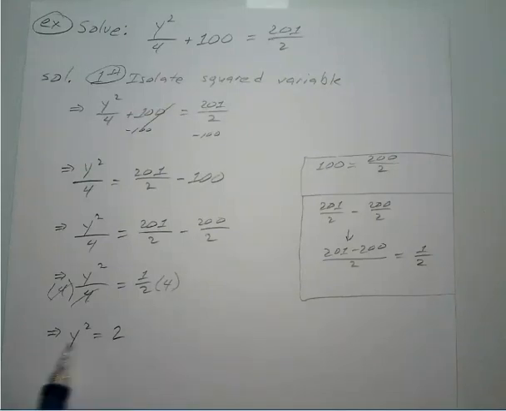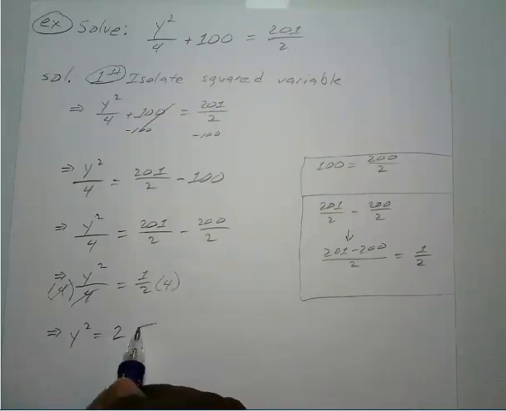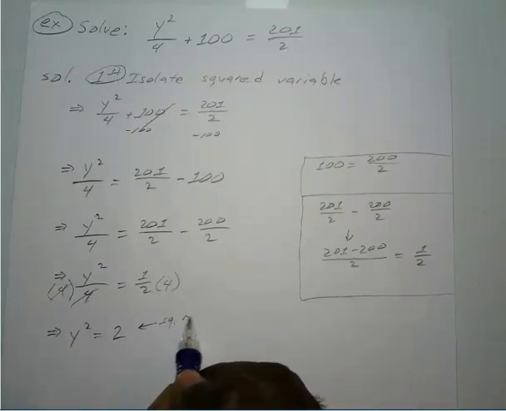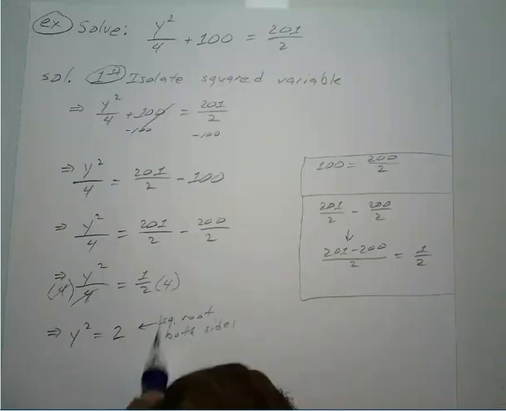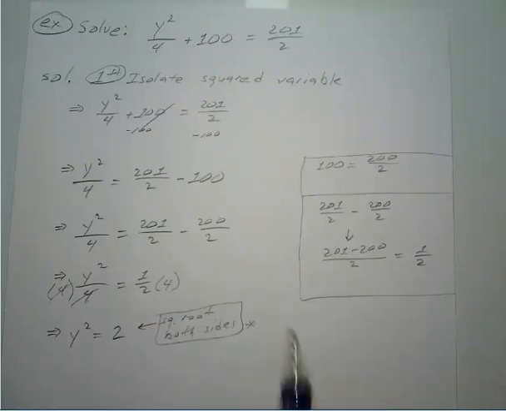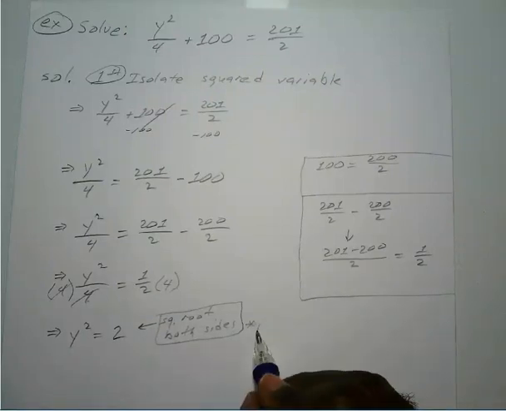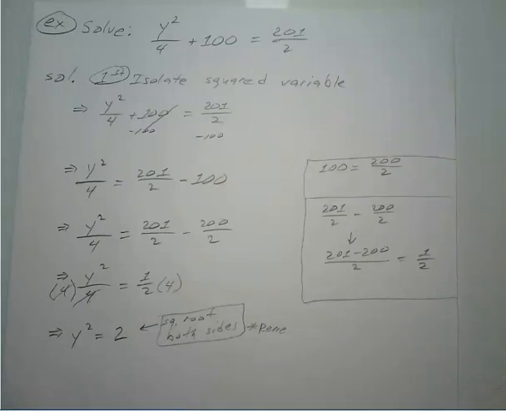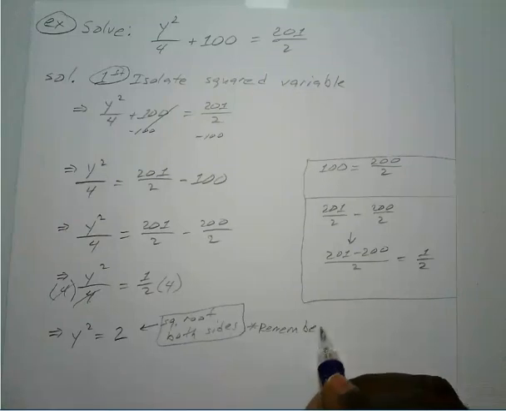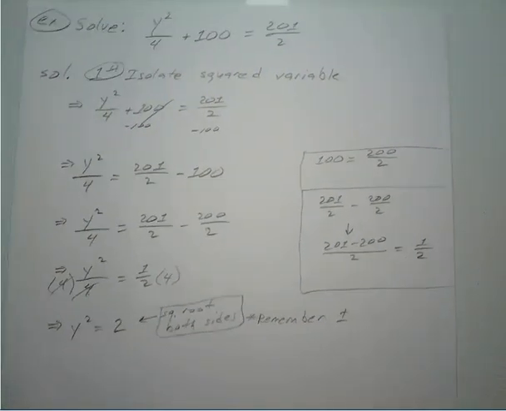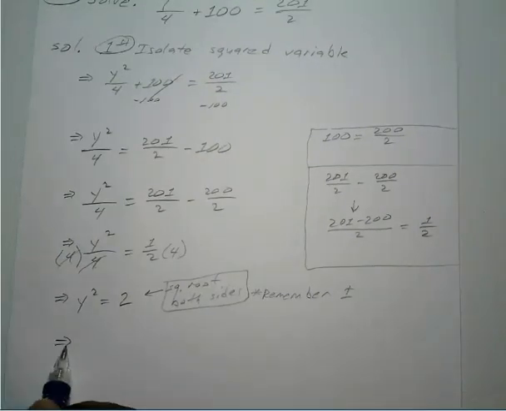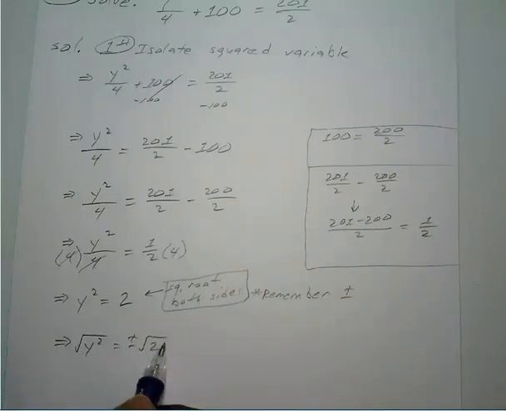Okay, so now you can go ahead and square root both sides. And again, you want to remember your plus or minus. Okay, you don't want to forget that. Okay, so the square root of y squared equals plus or minus square root of 2.